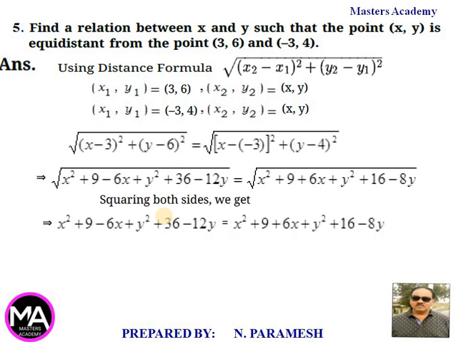Squaring on both sides we get x square plus 9 minus 6x plus y square plus 36 minus 12y is equal to x square plus 9 plus 6x plus y square plus 16 minus 8y.